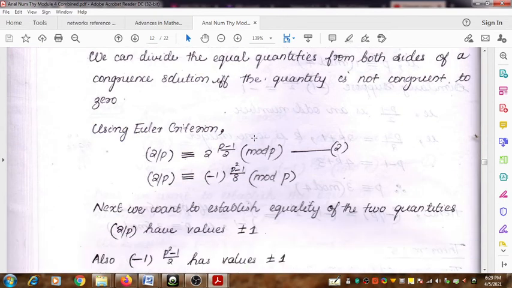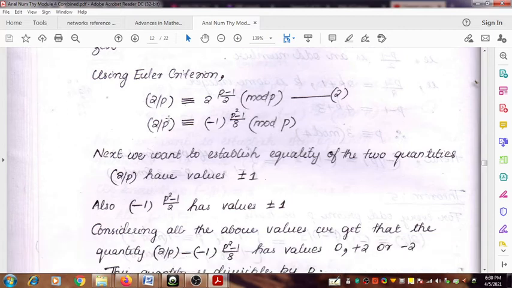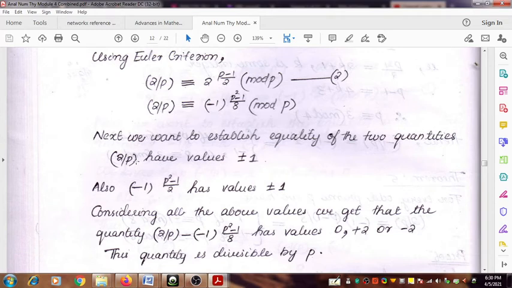Since these two quantities are the same, you can combine them, and you can see that 2 to the power of (p minus 1) by 2 is congruent to minus 1 to the power of (p square minus 1) divided by 8 mod p. The right hand side of this congruence equation can be combined, keeping the modulus p along with it.